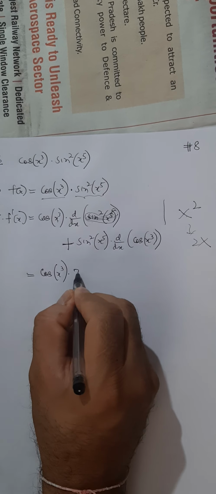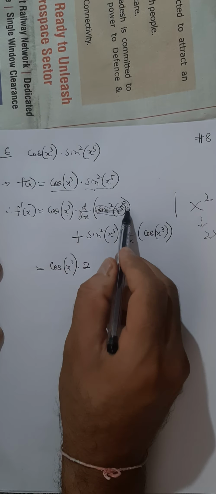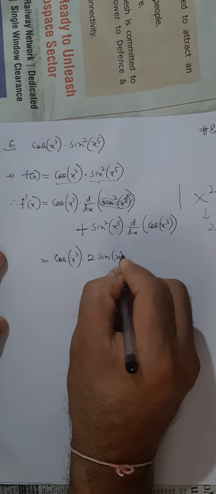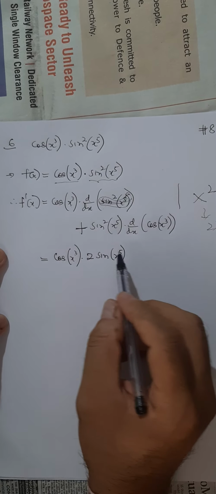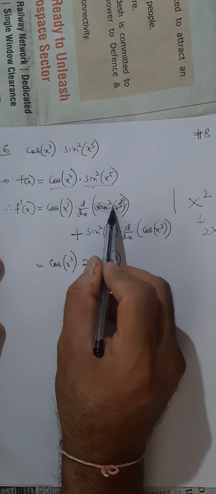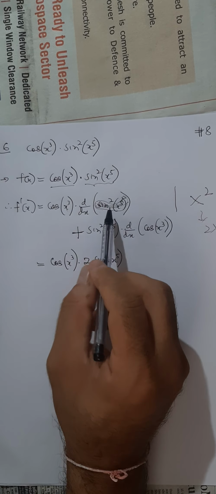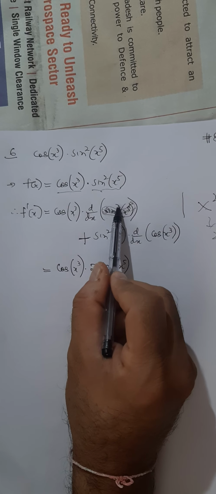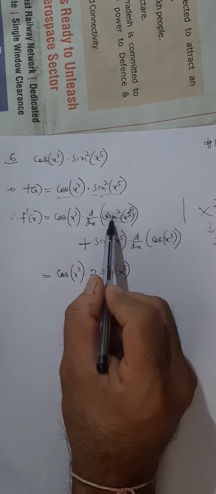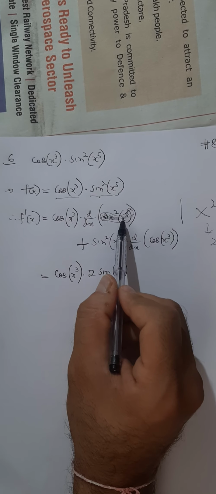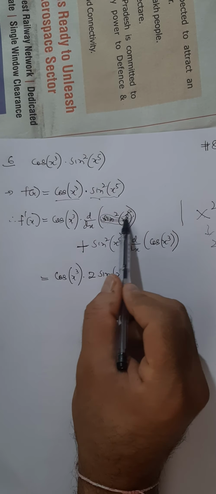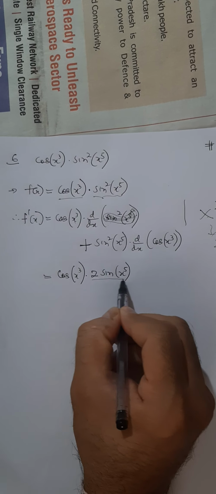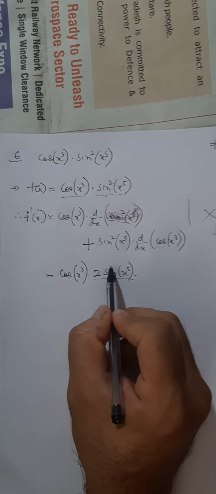So this is 2 into this entire thing is x for us, sine of x raised to 5. I repeat, remember here there are 3 functions, so we need to use chain rule twice. First square function, then sine function, and then x raised to 5. So here you imagine this as x. So this is x square. What is the derivative of x square? 2x. Now you come to sine.